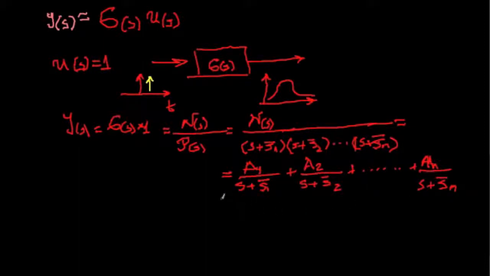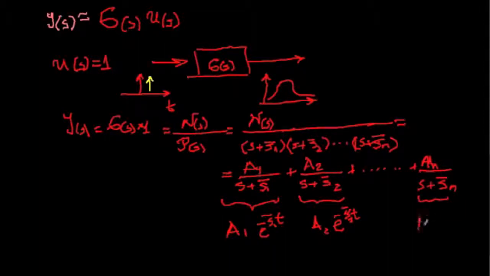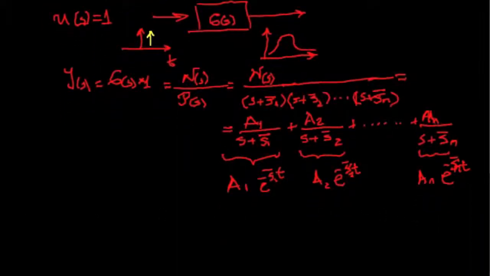Okay, this leads to A1 e to the minus s1 t after we apply inverse Laplace, A2 e to the minus s2 t, and this last one is just going to be An e to the minus sn t. Okay, so you see that the time behavior is completely determined by the poles of the transfer function.